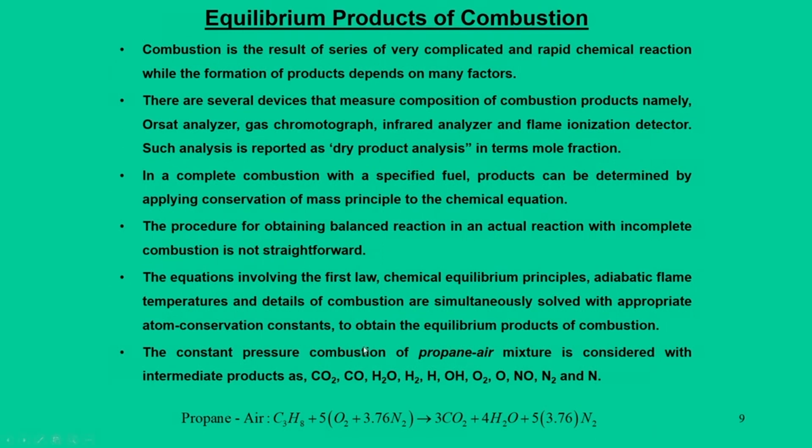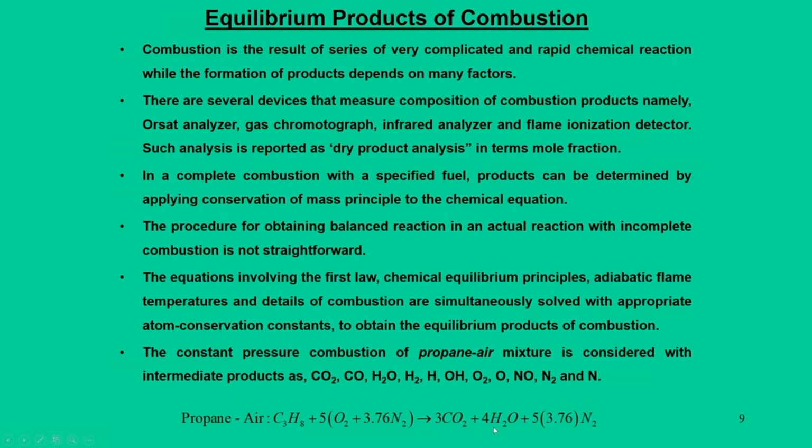To have a complete understanding of the equilibrium products of combustion, let us take an example like a propane-air mixture. Propane is C3H8 and it mixes with air, and at the stoichiometric condition we get CO2 plus H2O and the nitrogen remains as it is.